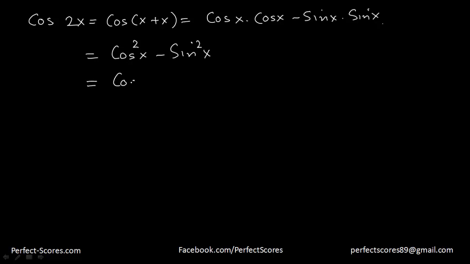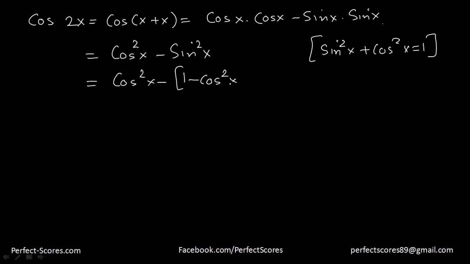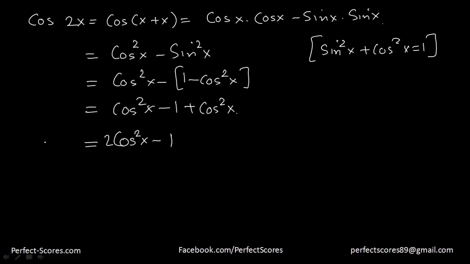Now what is sin square x? Something that we already know is that sin square x plus cos square x is equal to 1. So sin square x can be written as 1 minus cos square x, which means this is going to be cos square x minus 1 plus cos square x, which is equal to 2 cos square x minus 1.